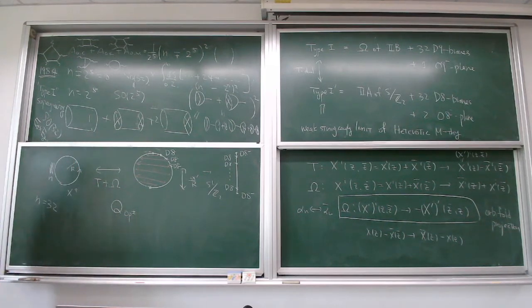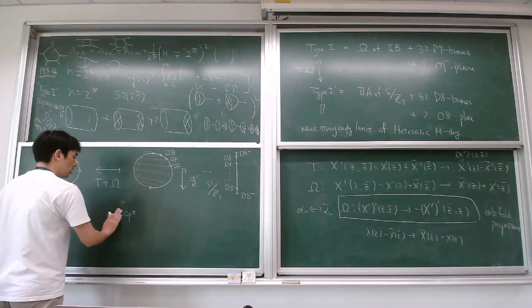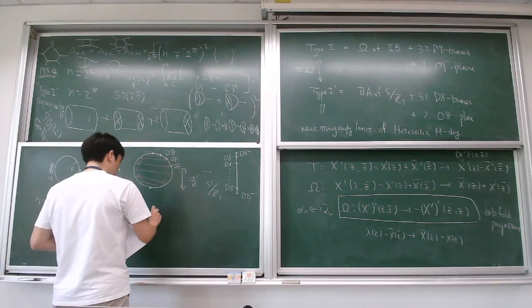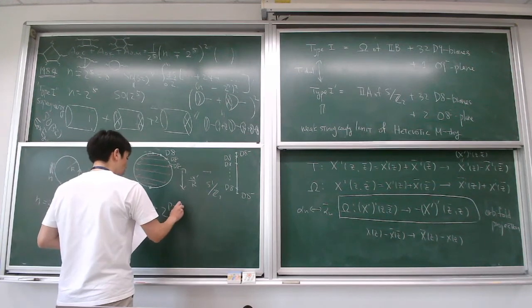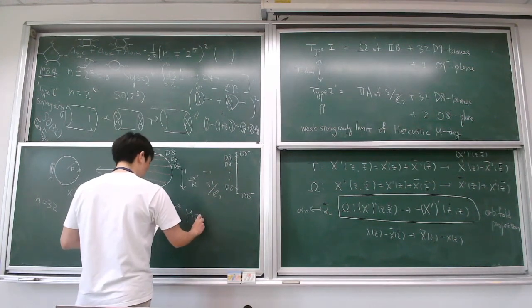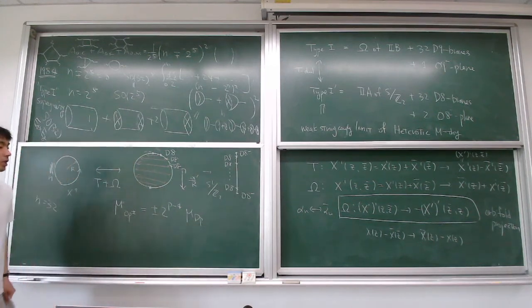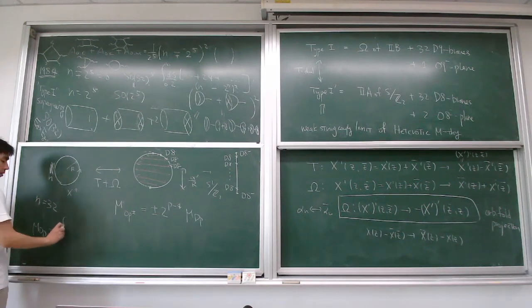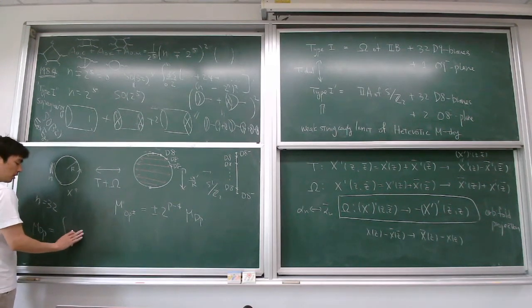So the Ramond charge of the Op plane, I call it mu actually, is indeed given by plus or minus 2 to the p minus 4. And the Ramond charge of the Dp plane, I introduce mu of Dp, is indeed equal to the flux of, I call it H, right?